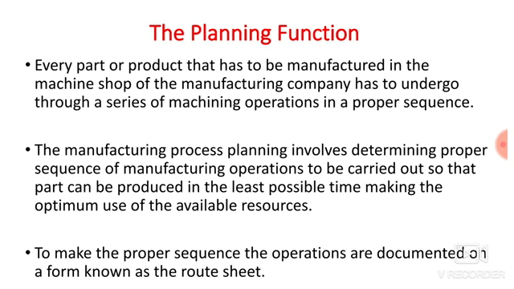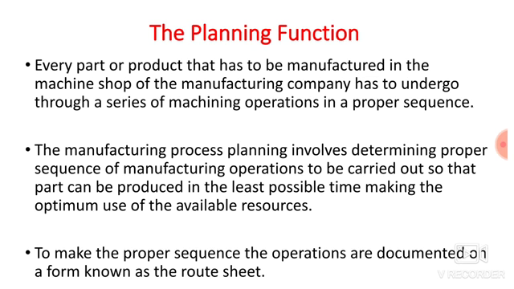Then manufacturing process planning involves determining the proper sequence of manufacturing operations to be carried out so that the part can be produced in the least possible time, making optimum use of available resources. So the objective of the manufacturing department is to manufacture the product in the least possible time.